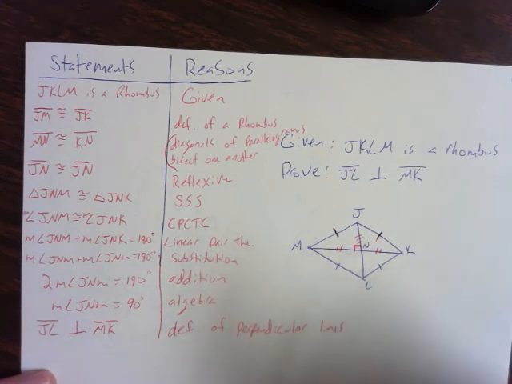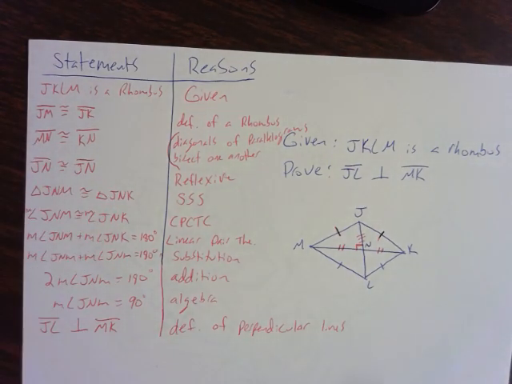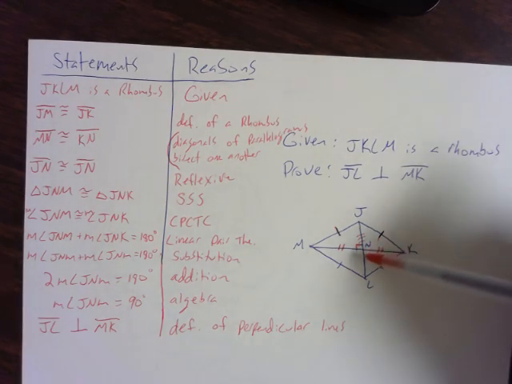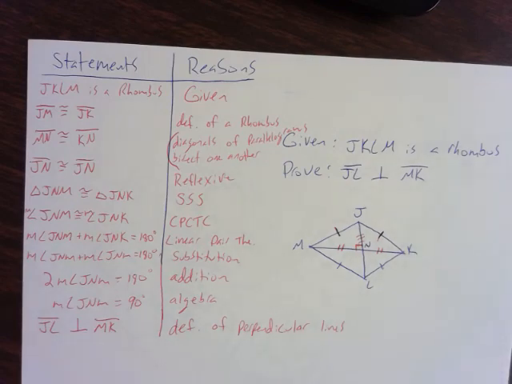So this was a longer proof. We had a lot of steps that we had to take to finally get there. But by figuring out that this angle is 90 degrees, and I could have proven it really for any of the angles, that proves they cross at a 90-degree angle, which is the definition of perpendicular lines.